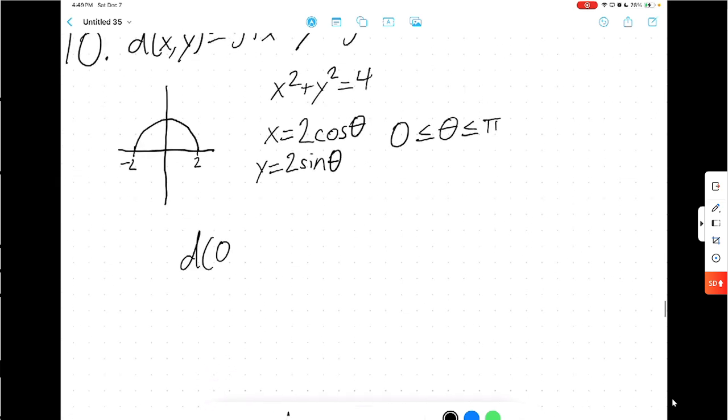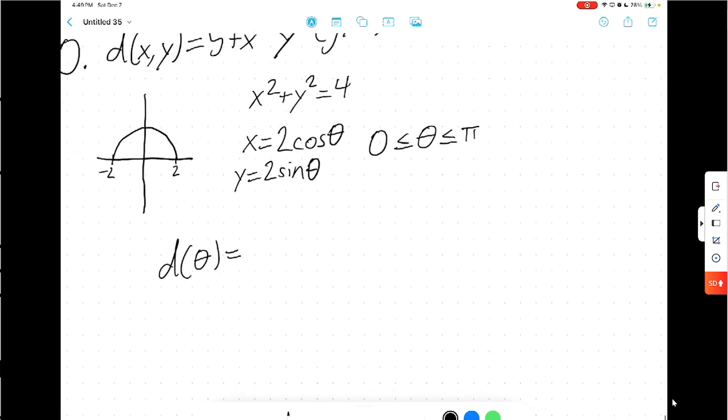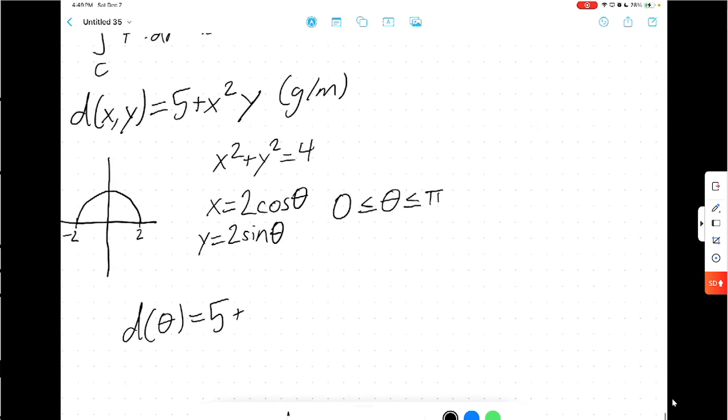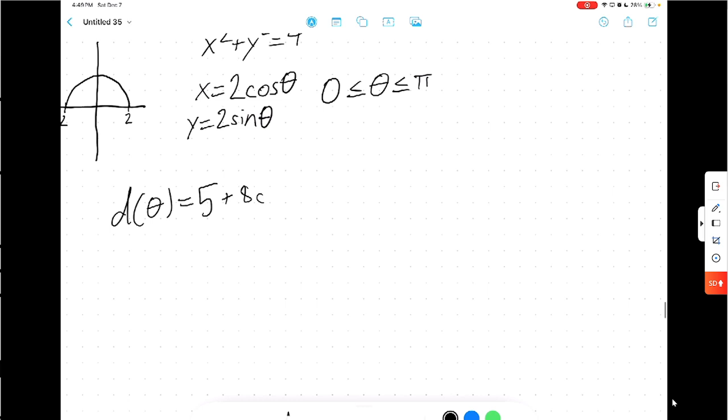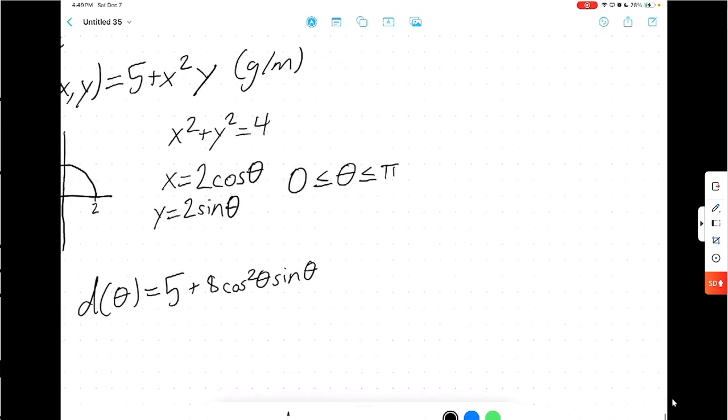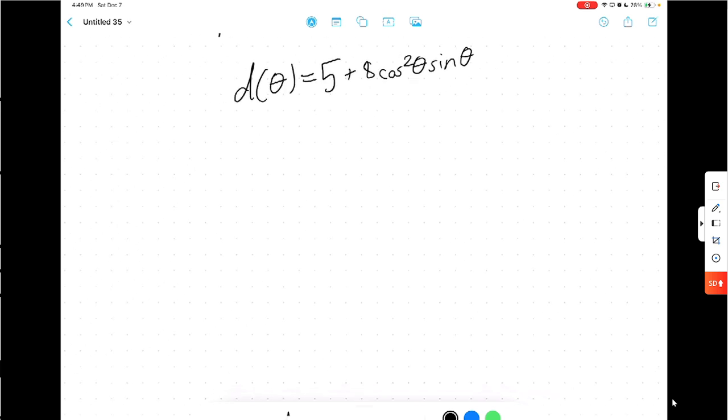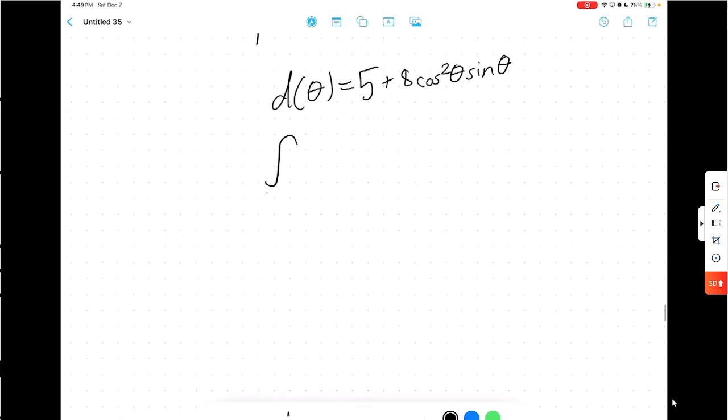So d of theta will now become 5 plus 8 cosine squared theta sine theta. And now I can just integrate this, cosine squared theta sine theta d theta.